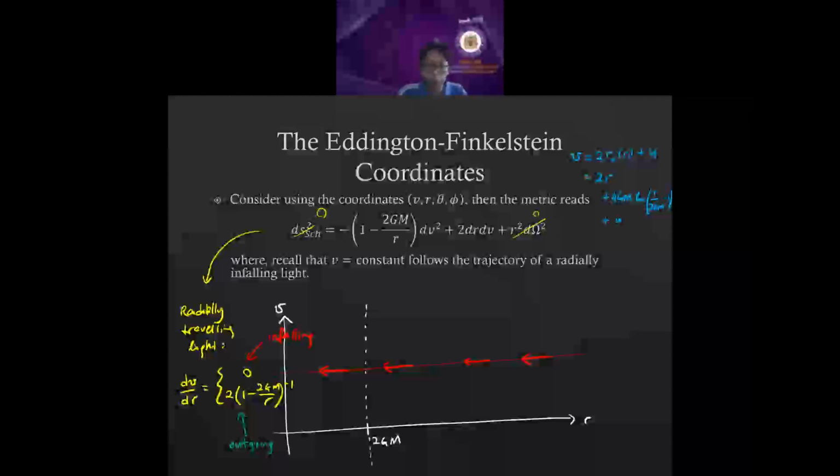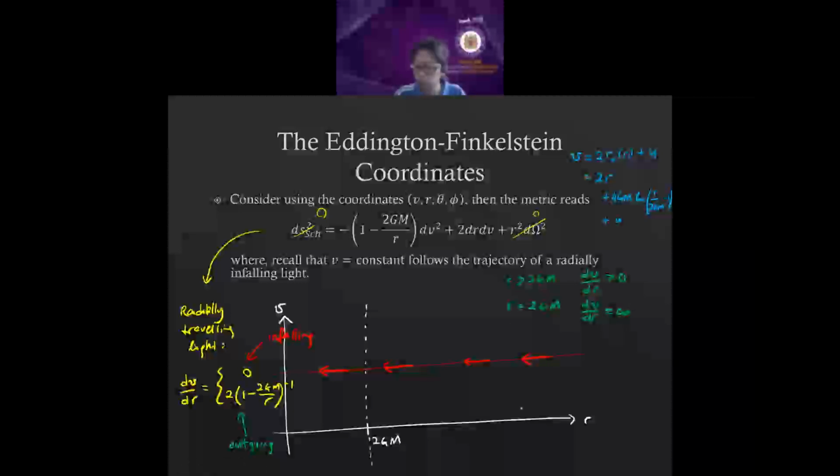Some interesting feature is that for r larger than 2GM, dV/dr for the outgoing light is larger than 0. But at r equals 2GM, dV/dr is infinity.